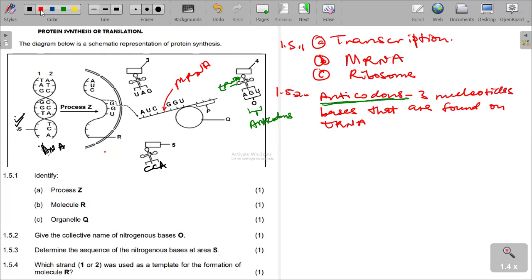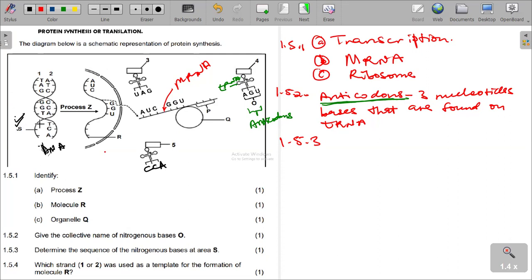For 1.5.3, what you just need to understand here is that when we are looking at a DNA molecule, there is a complementary base for nitrogen bases. As we can see, in this case, we have got T here. The complementary base of T is supposed to be what?